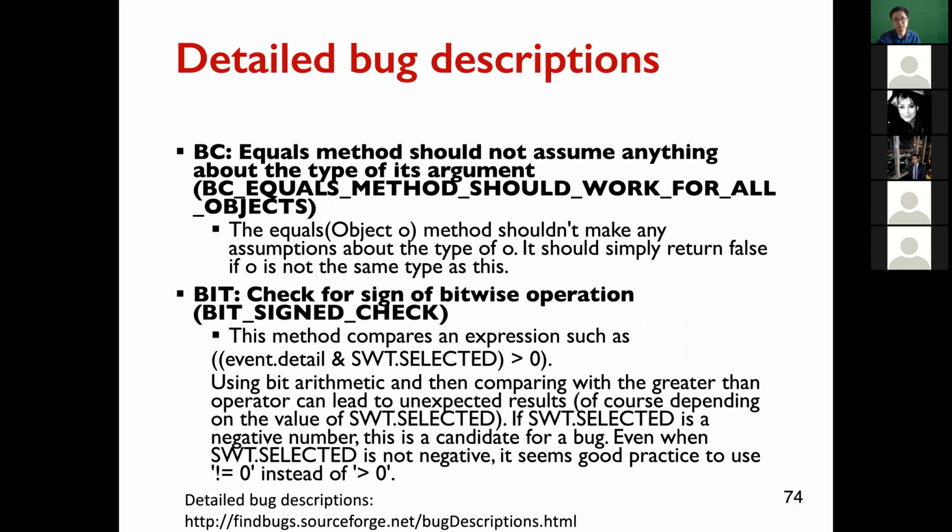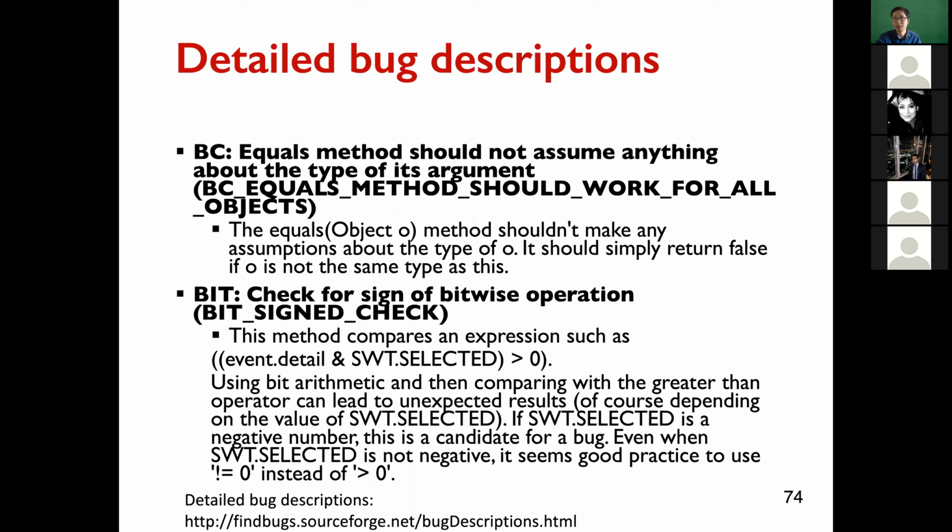Let's look at some detailed bug patterns. In the last slide we looked at the categories, but here we look at some detailed bug patterns. The first one has the code BC. What does it mean? It means the equals method should not assume anything about the type of its argument.